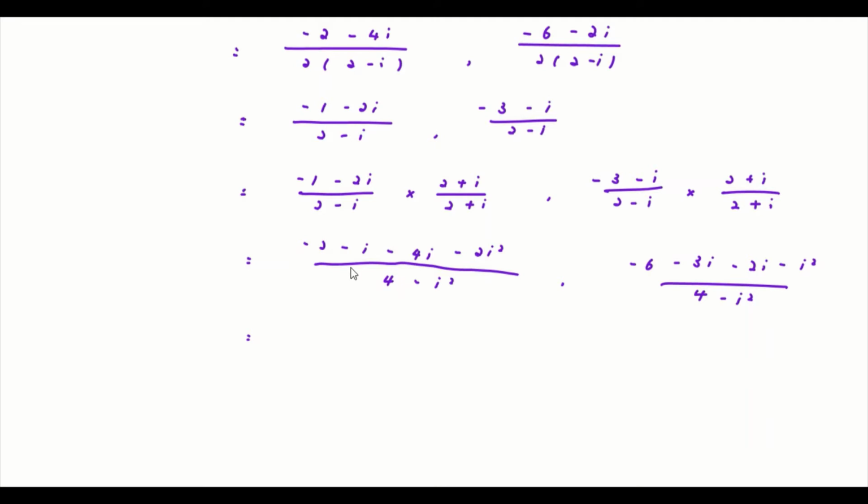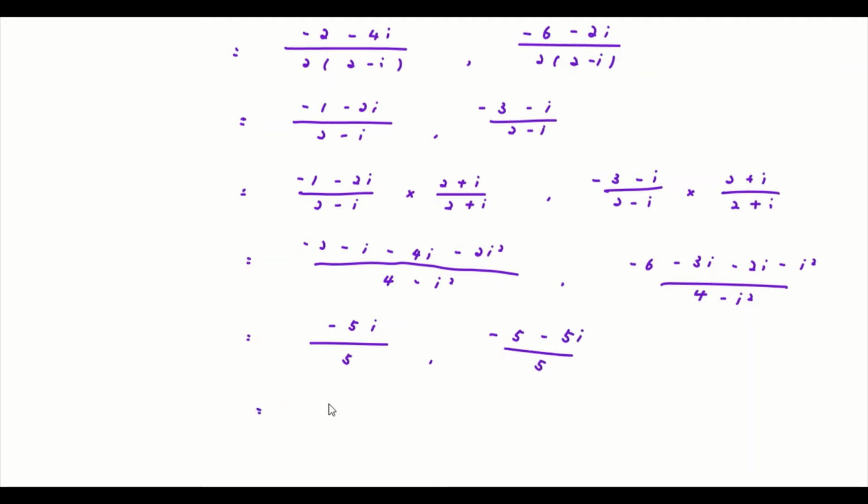So for this part, I will have negative 2, then minus 2 times negative 1, meaning plus 2, so I do not have any real parts anymore. So negative 5i, then over, minus negative 1, so I'm getting a 5. Same thing for this side: negative 6 plus, minus negative 1, so I get negative 5. Then the i is negative 5i, and the denominator is the same.